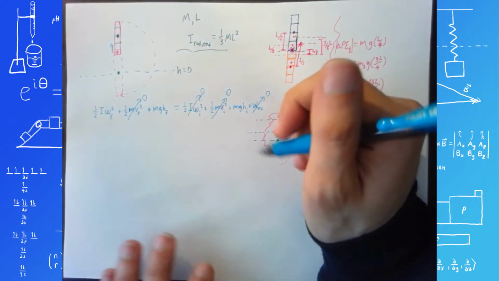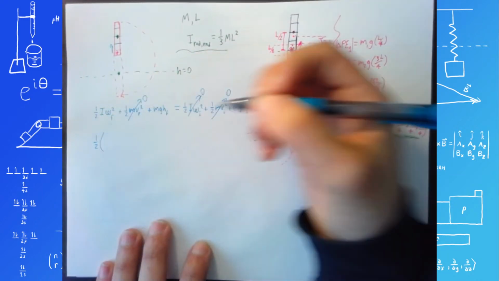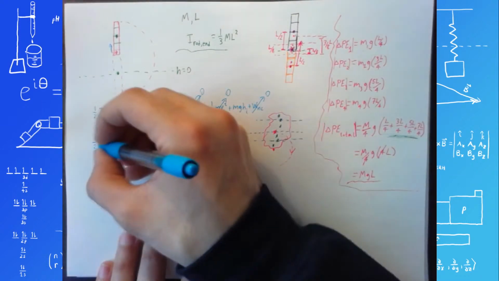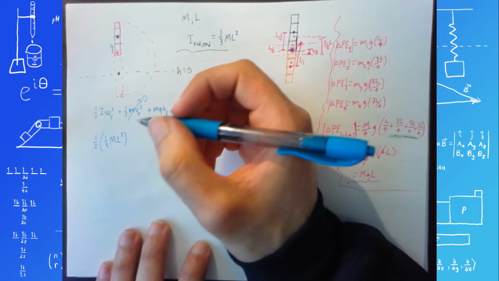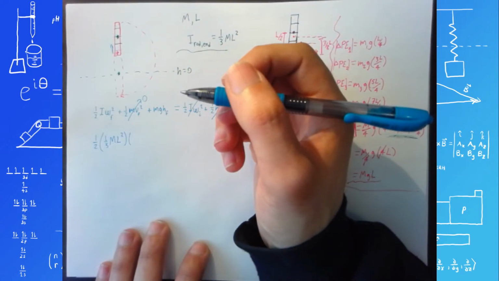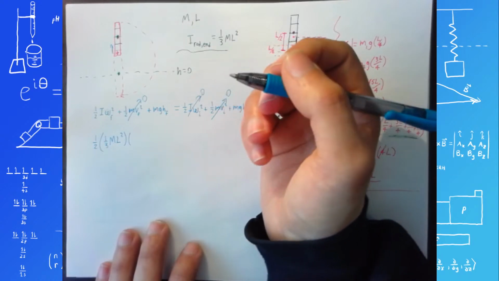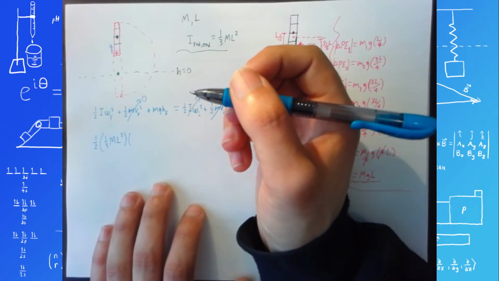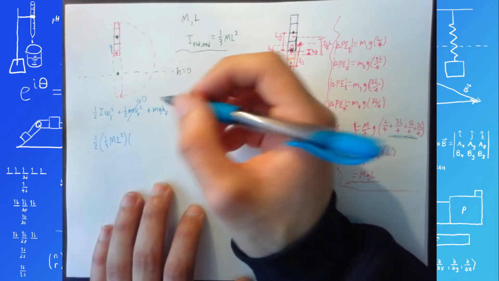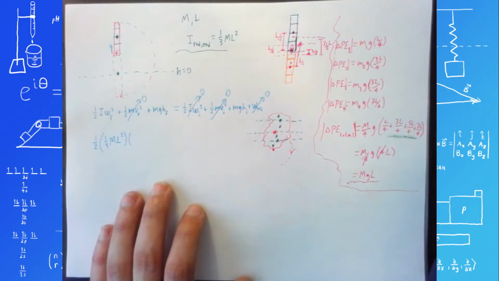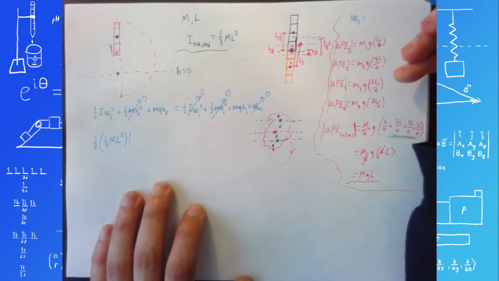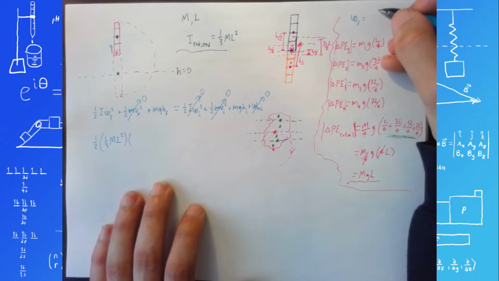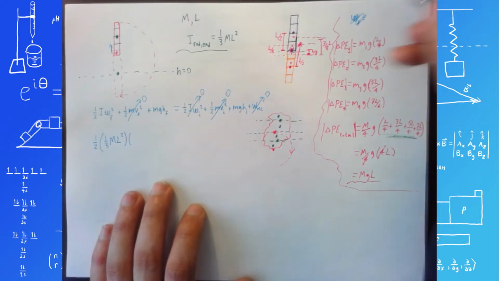So we're going to have 1/2 times the moment of inertia for a rod through its end, which is 1/3 of its mass times its length squared, times omega final squared. I'll leave omega final alone for now.